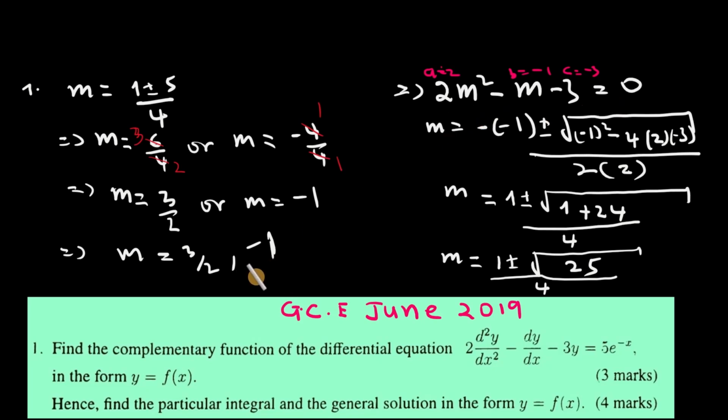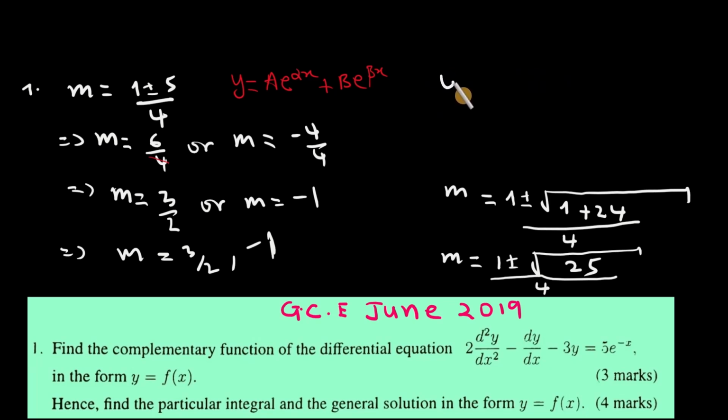If the roots of the auxiliary equation are real and distinct, then the complementary function of any second order differential equation is given by the formula y equals a e to the alpha x plus b e to the beta x, where alpha and beta are the roots of the auxiliary equation. That means in this case, the complementary function, always denoted yc, is equal to a e to the alpha x.